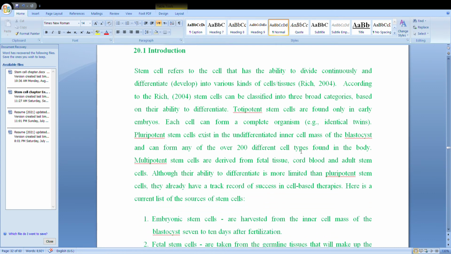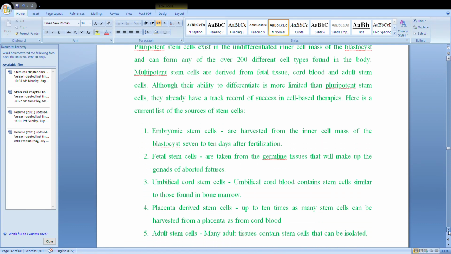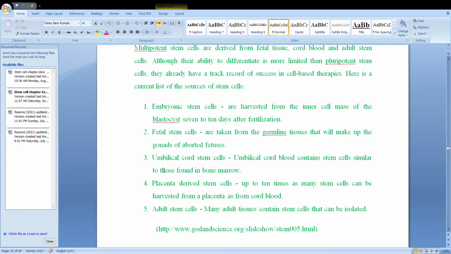Stem cells refer to the cells we discussed before, with the ability to divide continuously and differentiate, developing into various kinds of cells, as Rich mentioned in 2004. There are different types of cells: embryonic stem cells, fetal stem cells, umbilical stem cells, placental stem cells, adult stem cells.